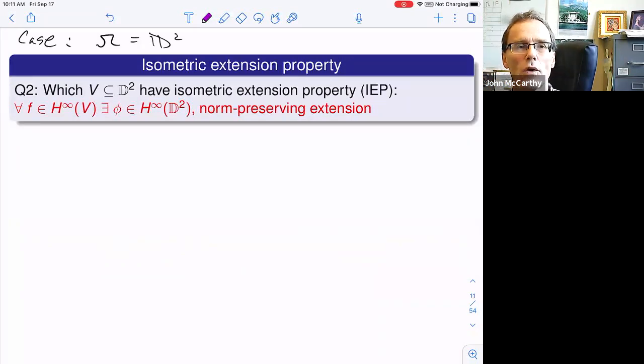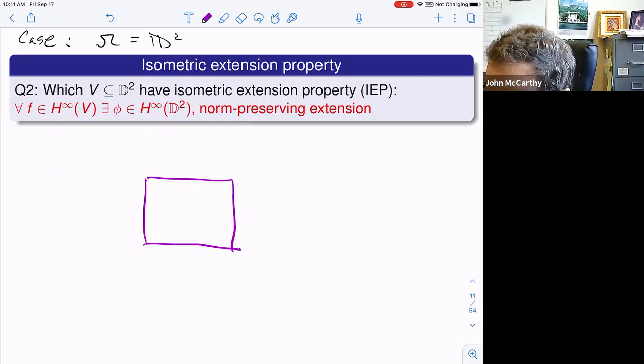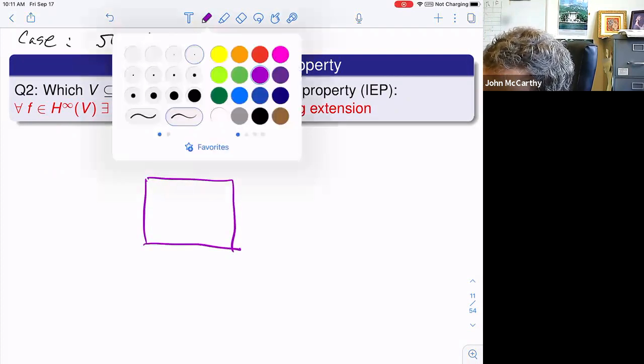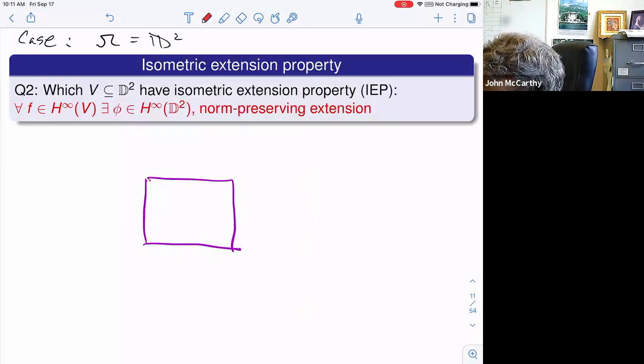So we're going to specialize to the case where omega is the bidisk. So in the bidisk, the question becomes, here's the bidisk. And then I choose some variety V inside the bidisk, say this one here.